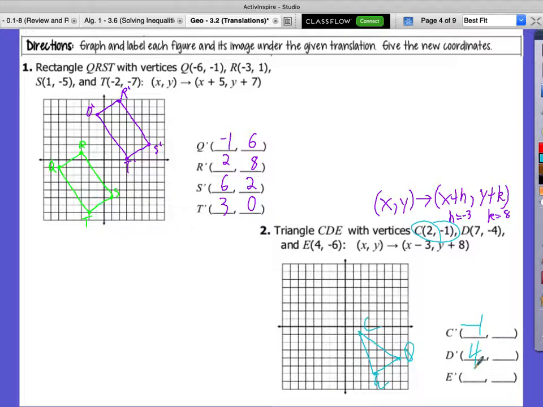And then you take 4 minus 3, that would be 1. And then you take 1 plus 8 is 7. And then -4 plus 8 is 4. And then -6 plus 8 is 2.